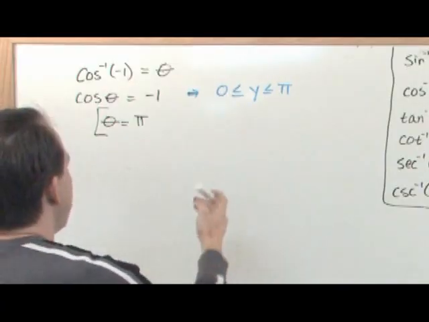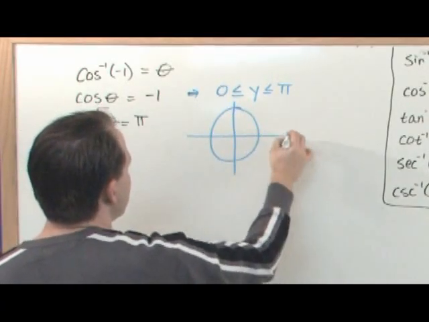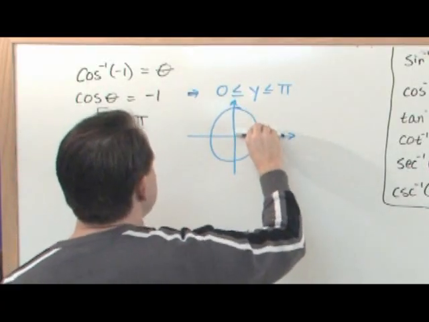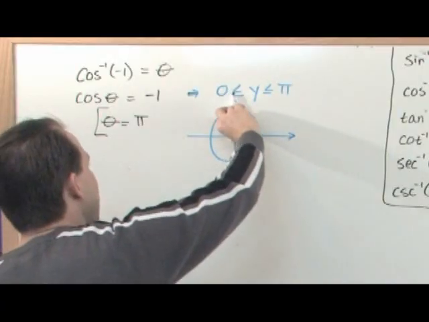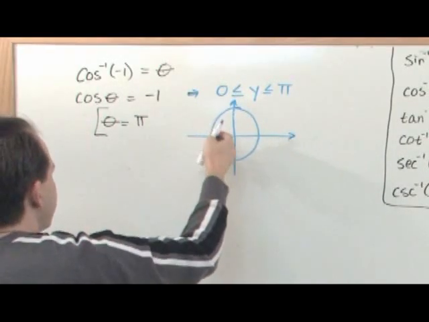The reason it's going to be pi is if you go back and look at your unit circle, that we've all come to know and love, this is 0 radians, this is pi over 2 radians, and this is 2 pi over 2 radians, which reduces to pi.